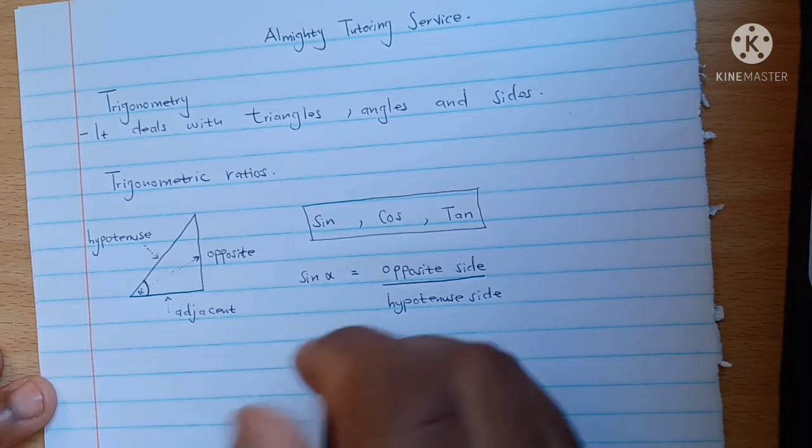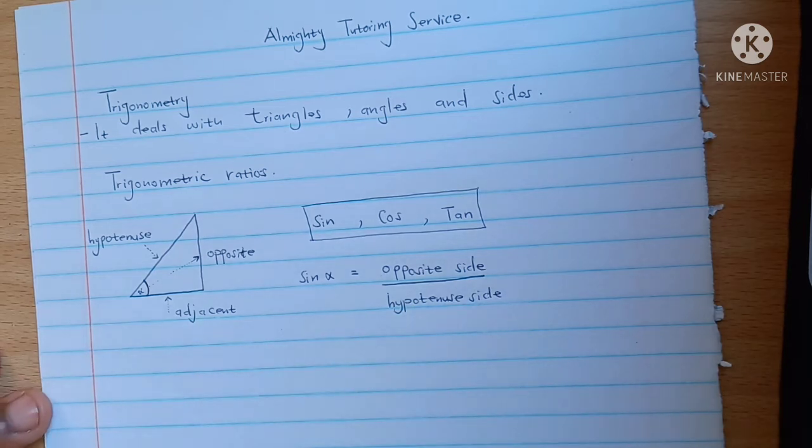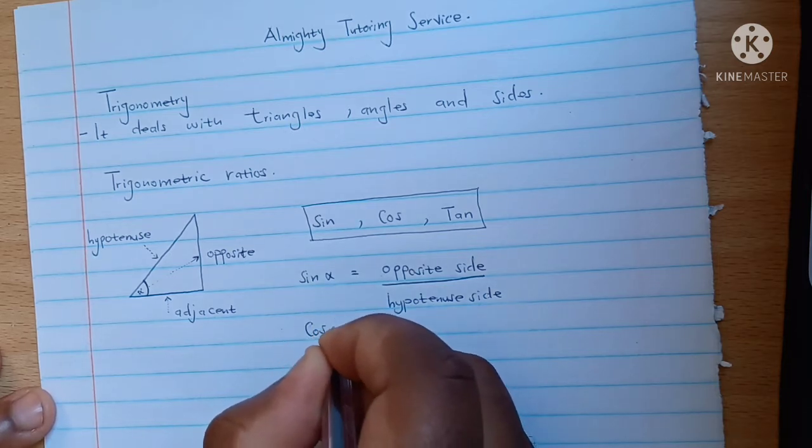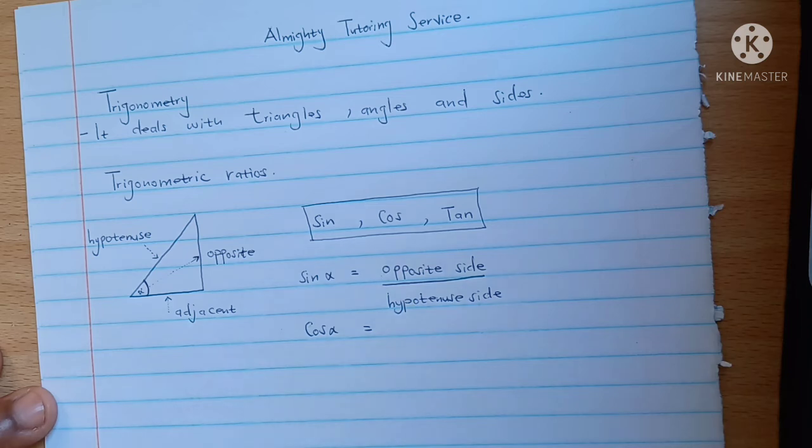side, right? Then they come again and they say find cos of alpha. Cos alpha will be equal to, think about it, guys, something that you did in grade 10.